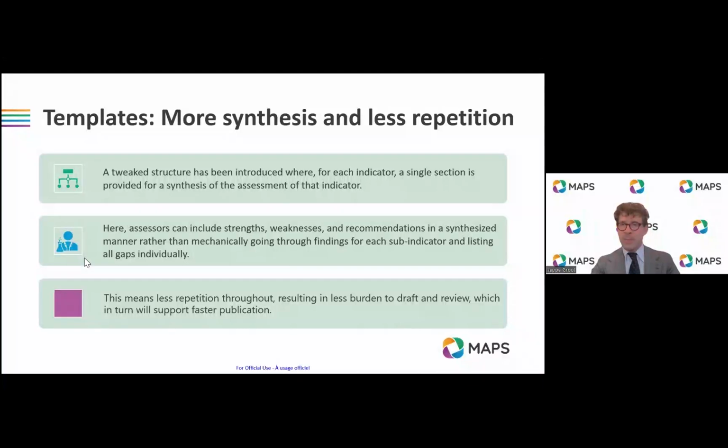So this is a streamlining of the report template to ensure that we have assessments that take into consideration findings across the board, but also something that is quicker to draft, review, and in the end to read.